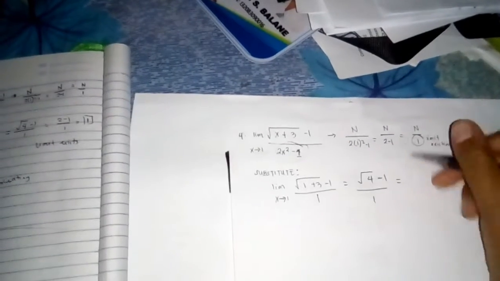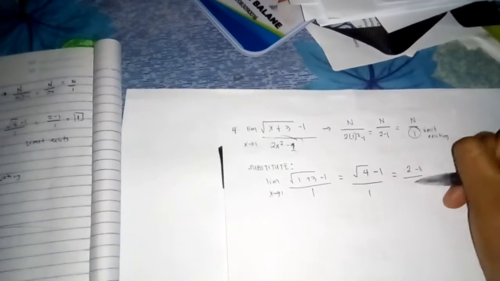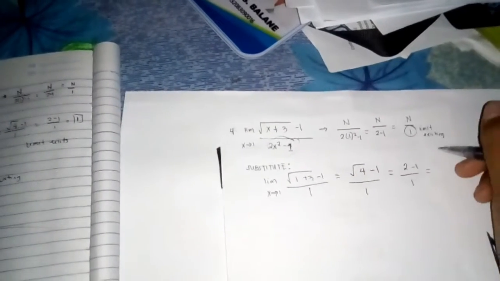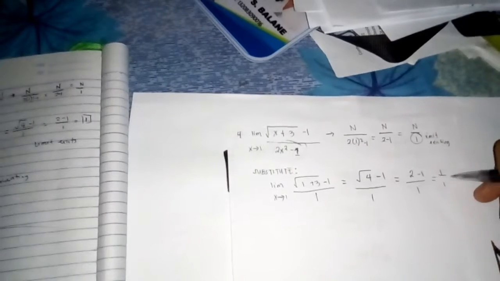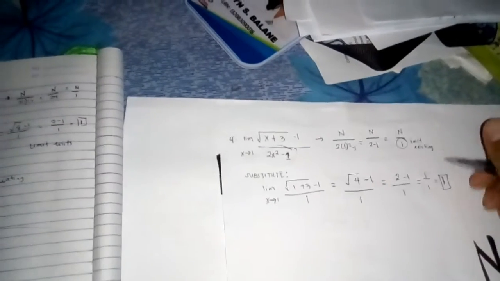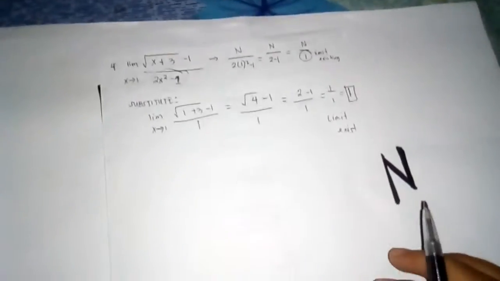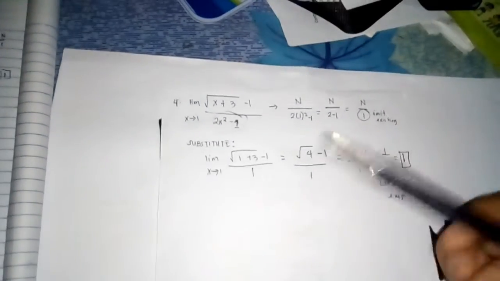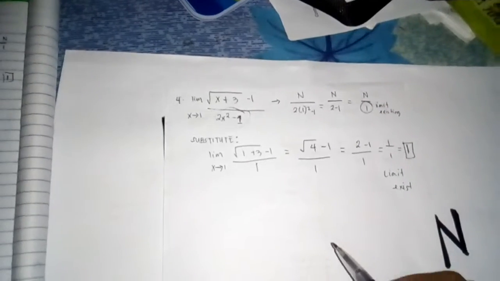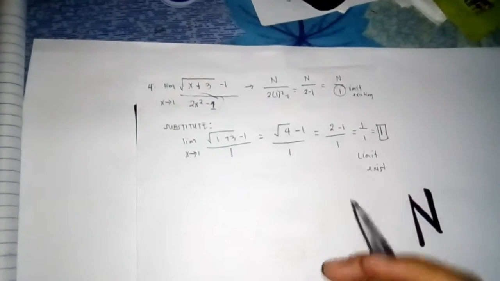The square root of 4 is 2, so 2 minus 1 is 1 over 1, which equals 1. Therefore, the limit exists, so we don't need to find another way for this example. Thank you, and this is the techniques on evaluating limit functions.